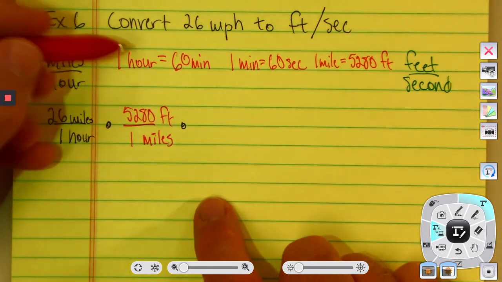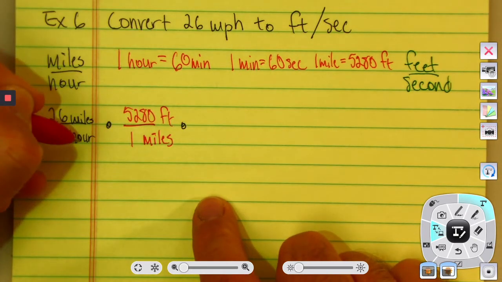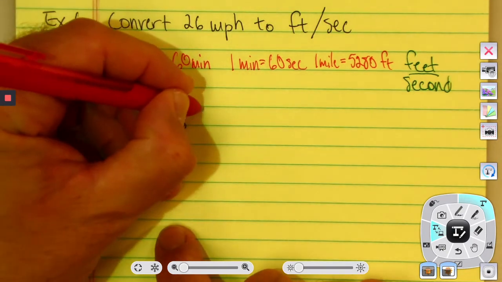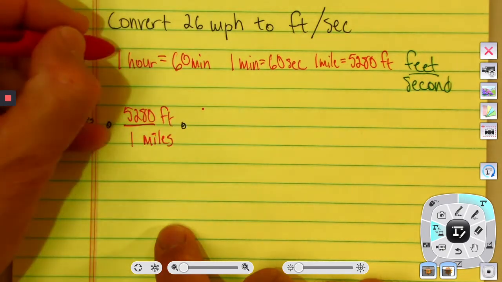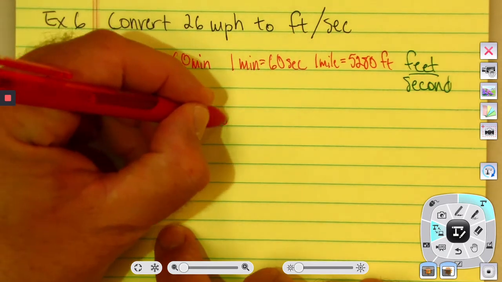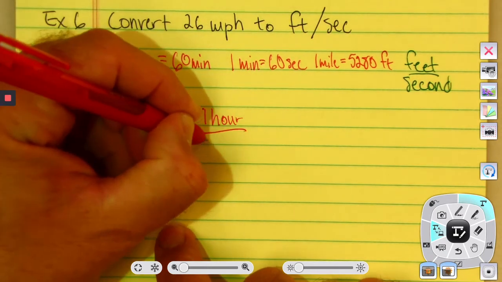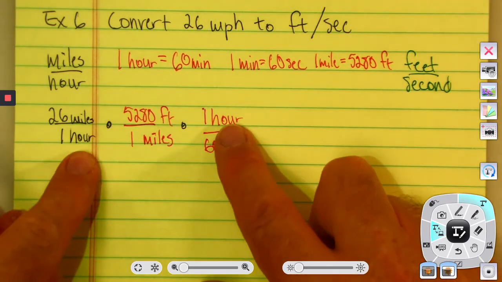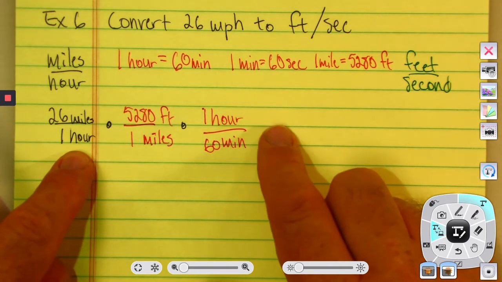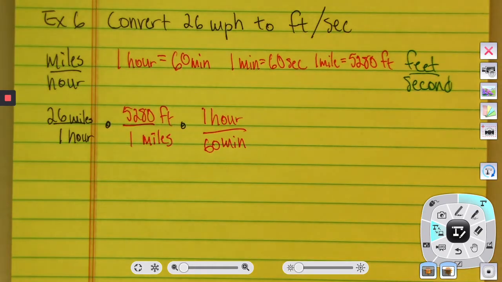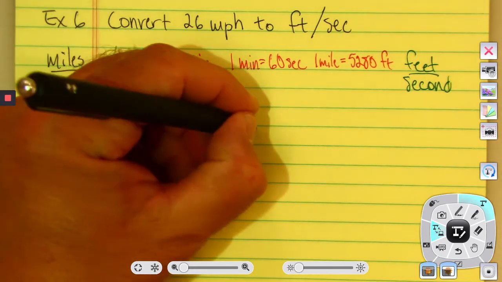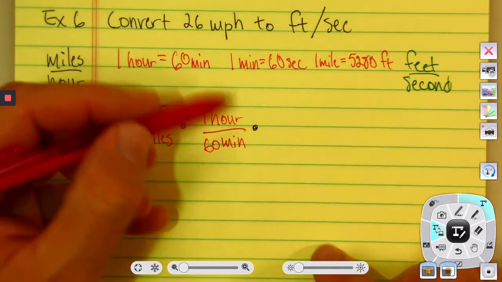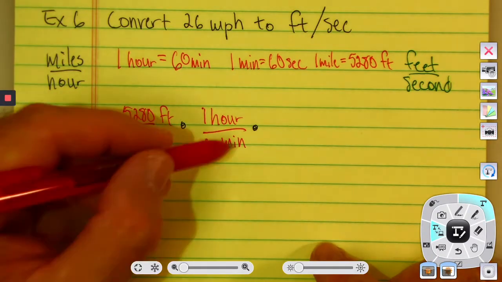And again, it's a little different here. The hour's in the denominator, so I'm going to need to put the hour in my numerator. And 1 hour equals 60 minutes. All right, that's going to work. Hours will cancel from numerator to denominator, leaving 60 minutes in the bottom. And so I've taken care of my 1 hour, 60 minutes.